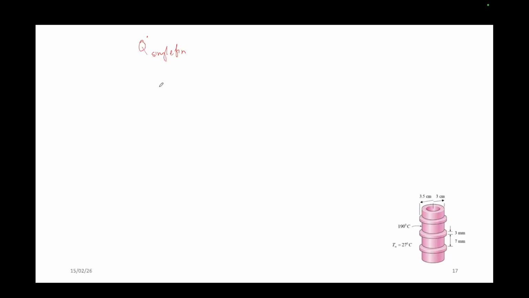So if I talk about a single fin, what should be the area? If this fin I am talking about, so this is the fin, right?